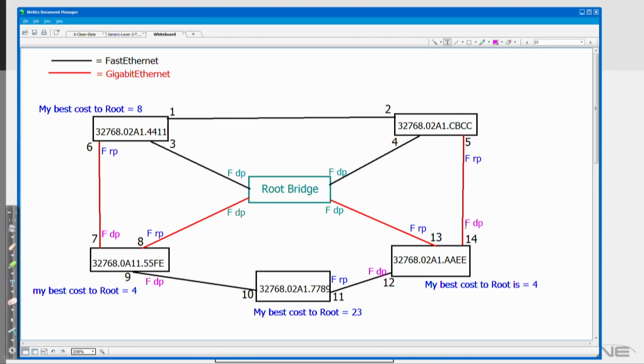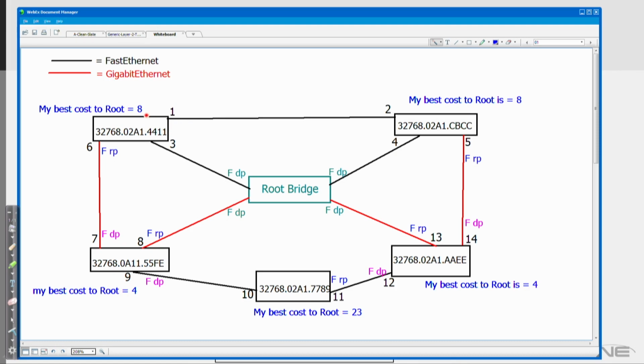Forwarding designated port. And why is that? Because AAEE has a cost of 4 to the root, whereas CBCC, the best cost he has is 8, and 4 is lower than 8. So at this point, oh, we got one more, this top cable here. Ah, interesting, we have a tie, don't we?